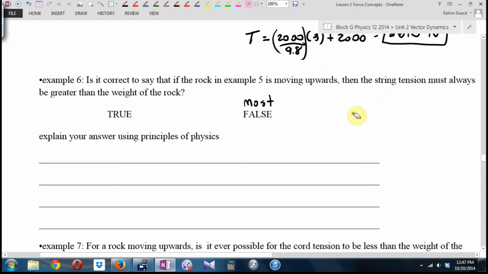Convince me. Can you give me a situation where the rock could be moving upwards and tension wasn't greater, where tension was identical? Yeah.